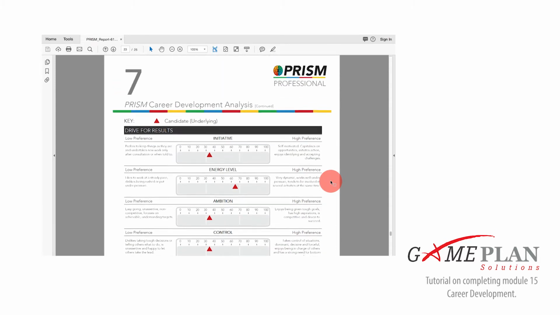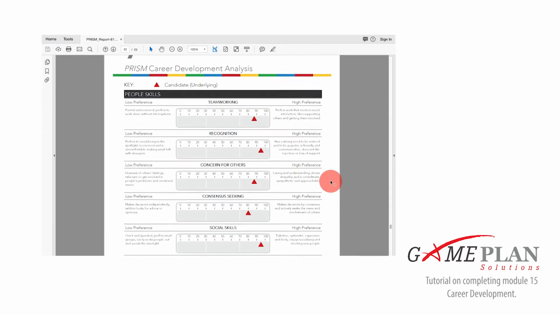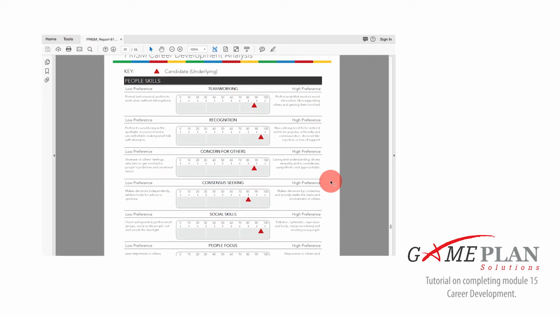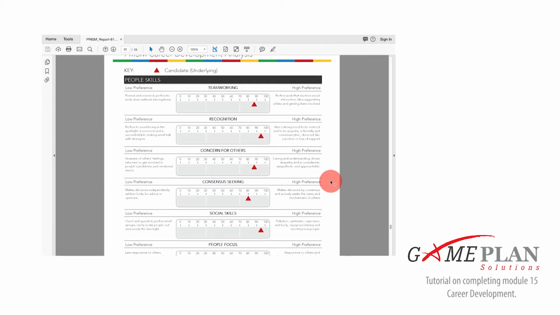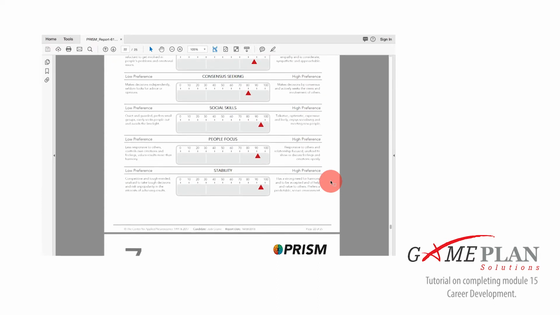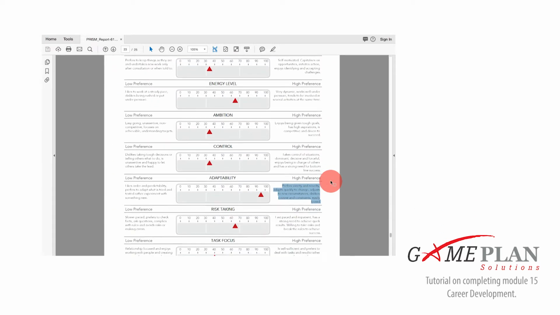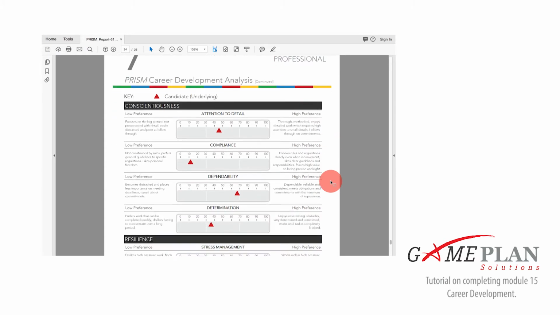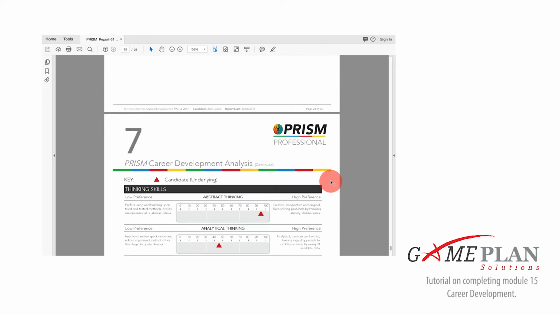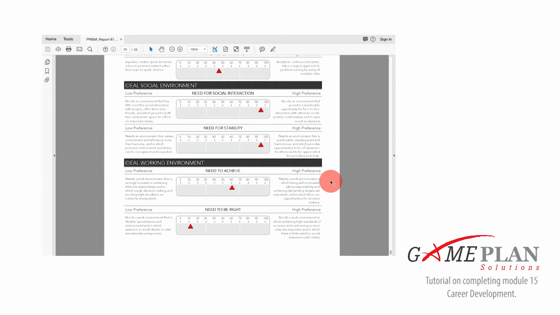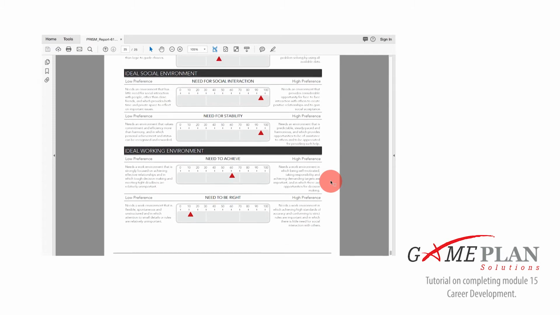What we're looking for here is for you to gain some really key personal insights. What are your overall orientations with regards to people skills, drive for results, conscientiousness, resilience, thinking skills, ideal social environment, ideal working environment?